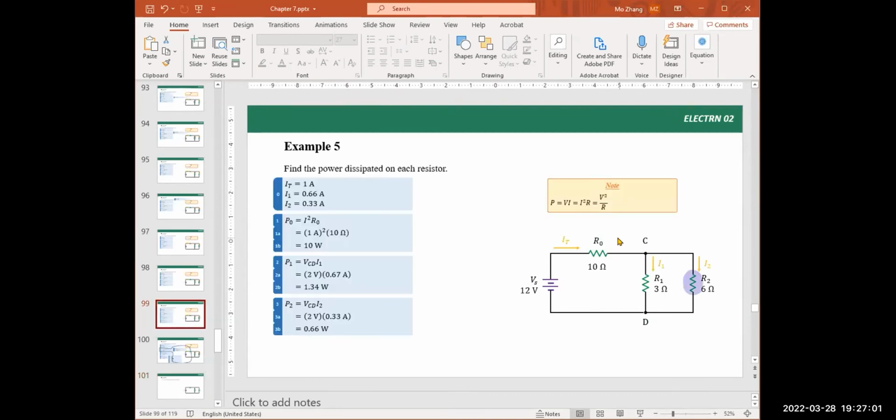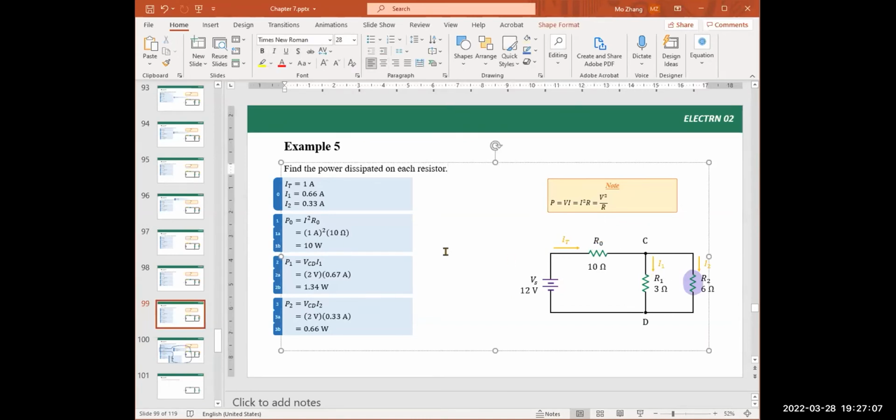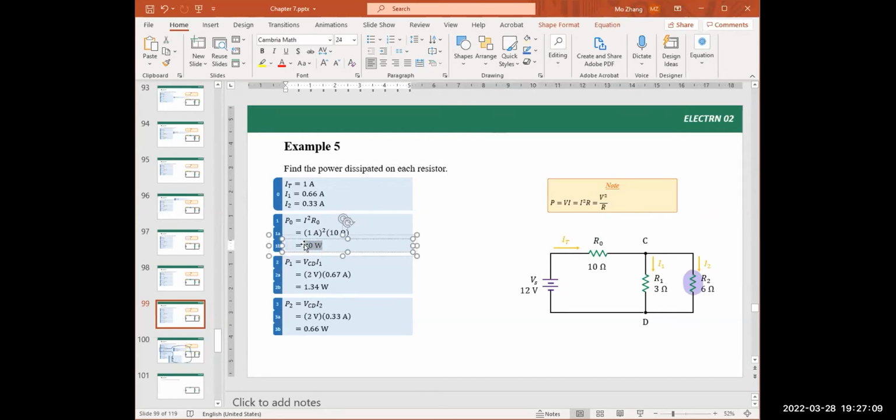From here, we know the power dissipated on R0, R1, and R2: 10 watts, 1.34 watts, and 0.66 watts. Let's record these numbers because we need them for the next example.